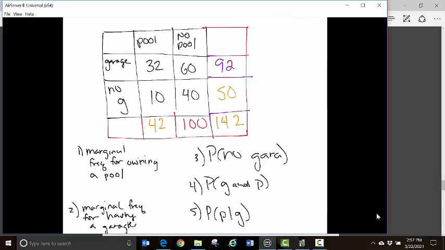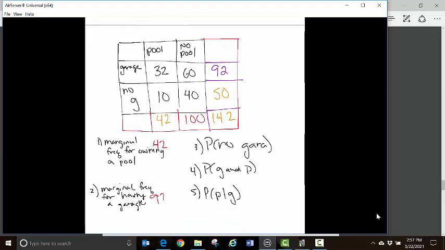See if you can find those things for me. I'm assuming that you guys then figured out the marginal totals, right? So if I say, what is the marginal frequency for owning a pool? It just means how many people owned a pool? 42. Okay. The marginal frequency for having a garage, 92, right? Then it says, what's the probability that you don't have a garage?